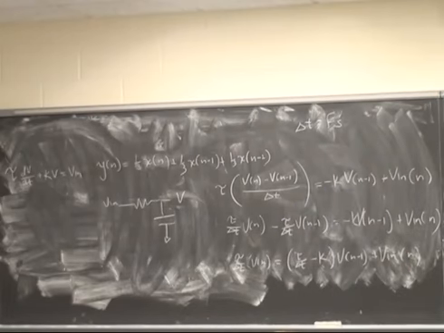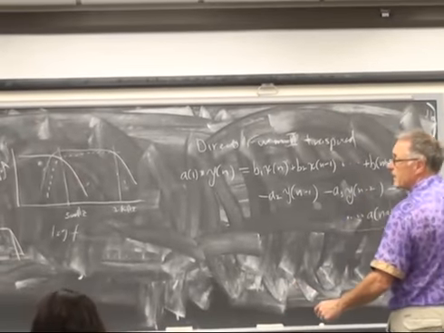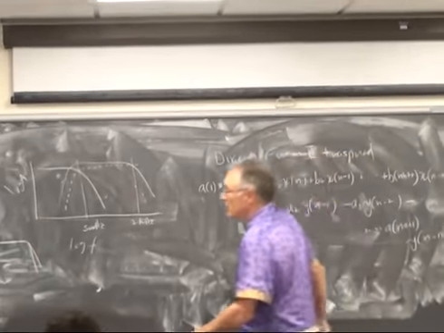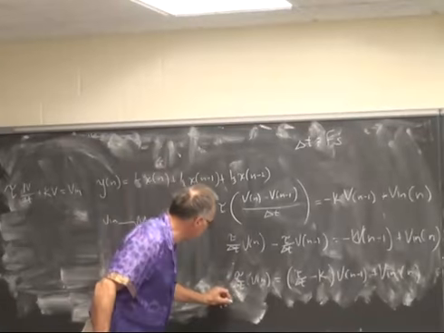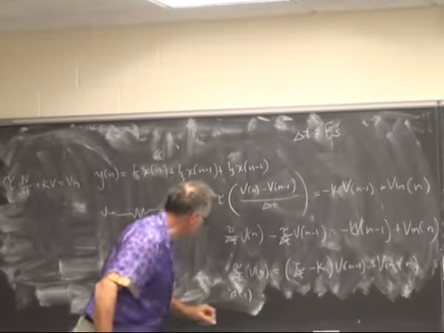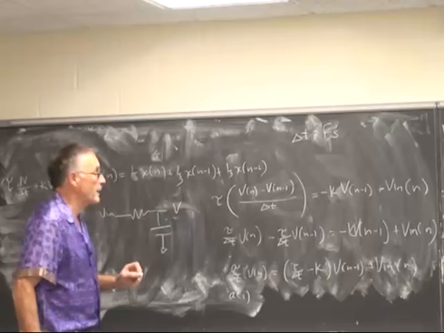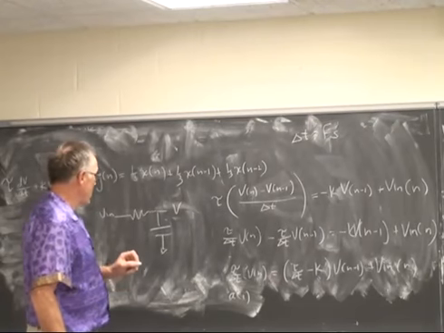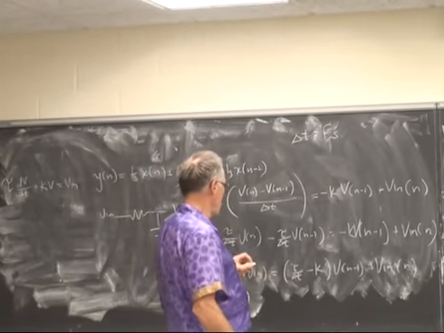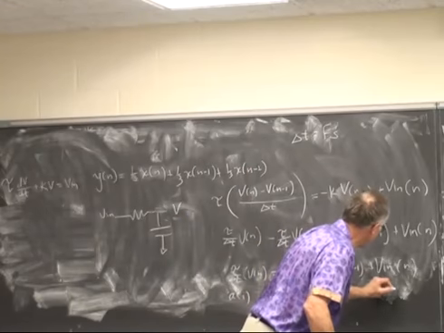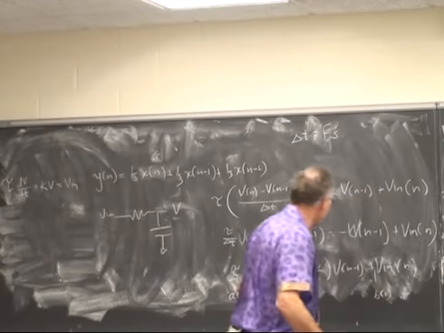So that says then that we can identify this term, tau over delta t, as A1. Actually, minus, yeah, A1. And we can identify the unity here as B1.